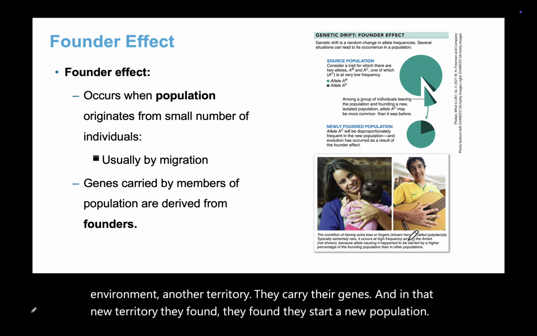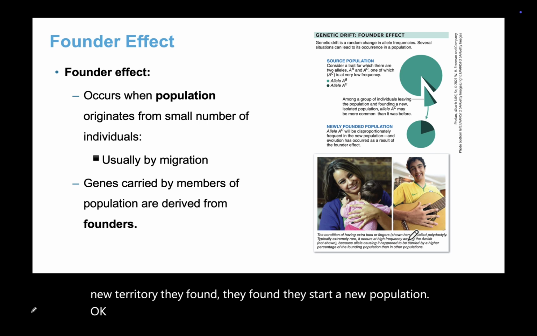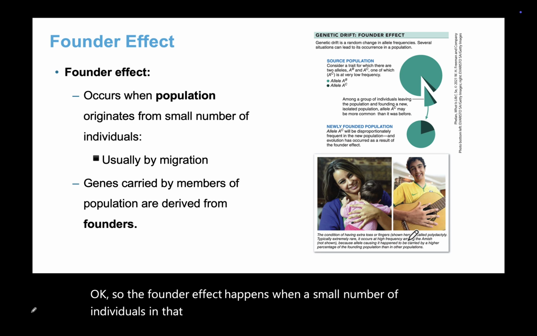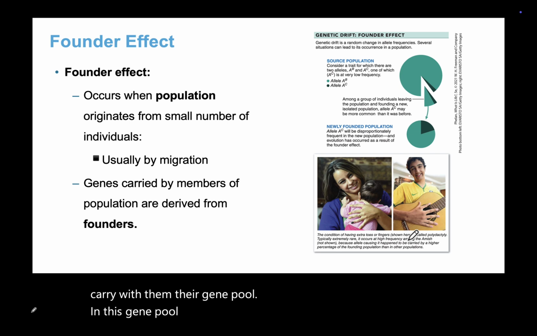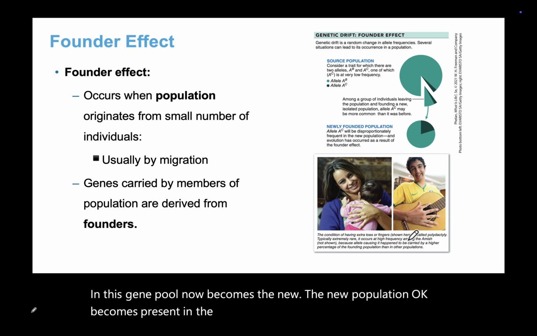So the founder effect happens when a small number of individuals migrate to another area and carry with them their gene pool. And this gene pool now becomes present in the new population.